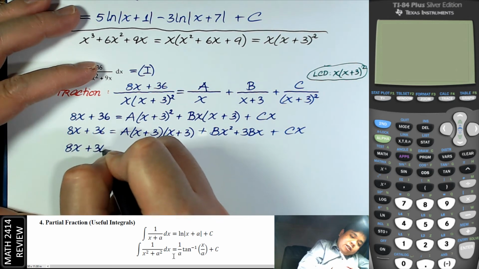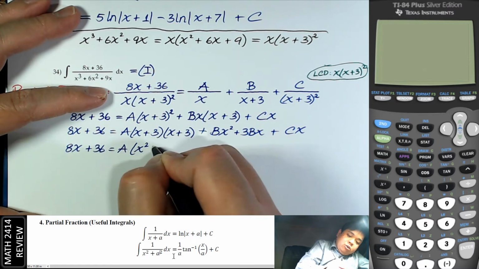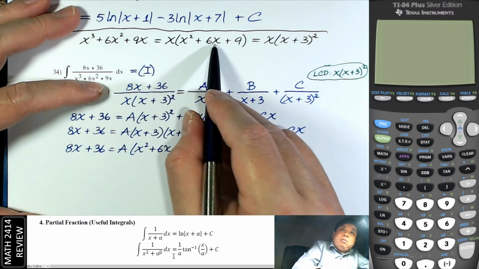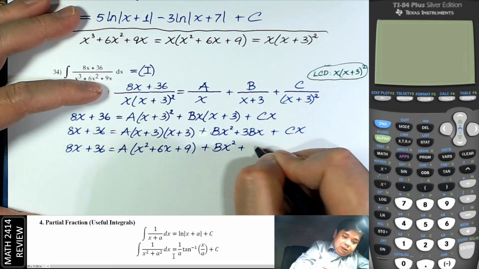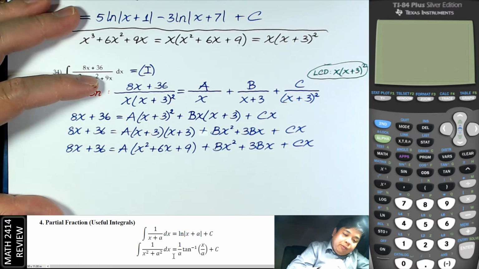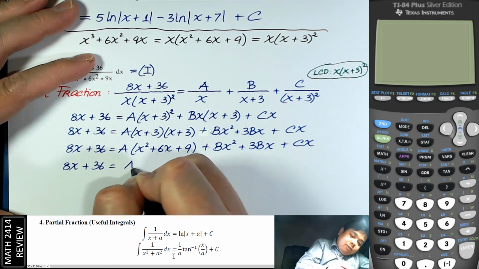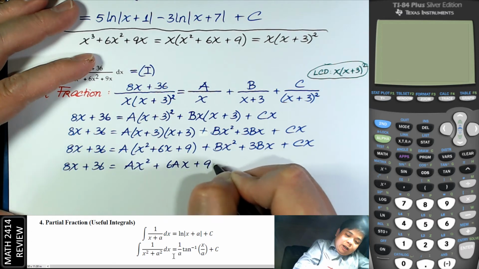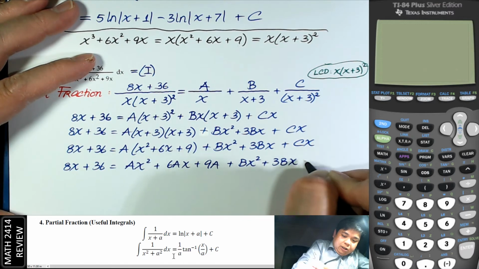Ax plus 36, a times x squared plus 3x, that's 6x plus 9. By the way, x plus 3 squared is x squared plus 6x plus 9. I just chose that. Right, multiply out one more time. x squared, 6ax, 9a, bx squared, 3bx and cx.